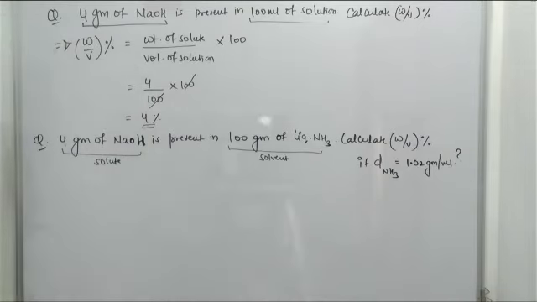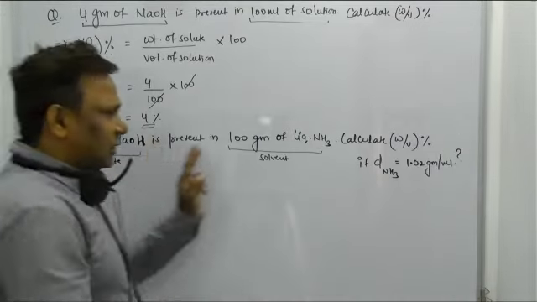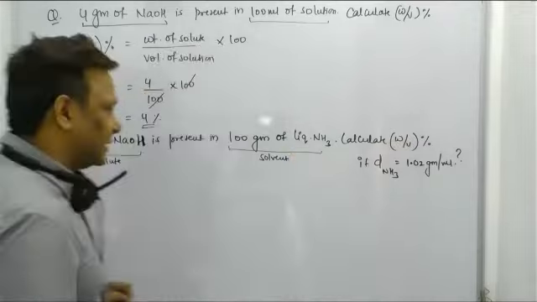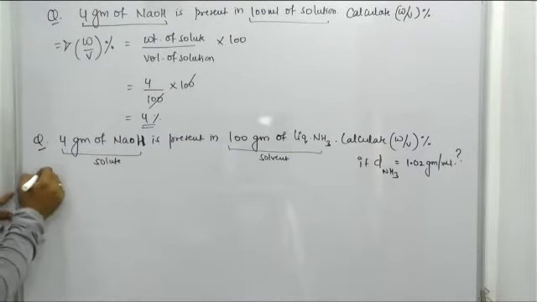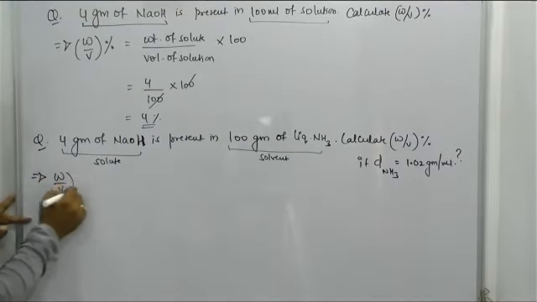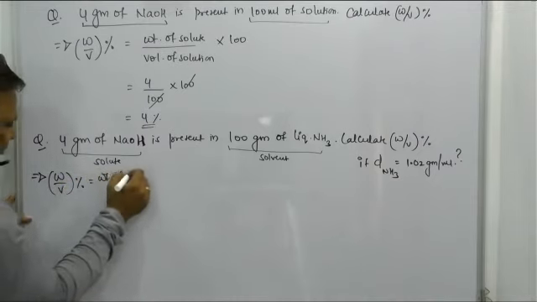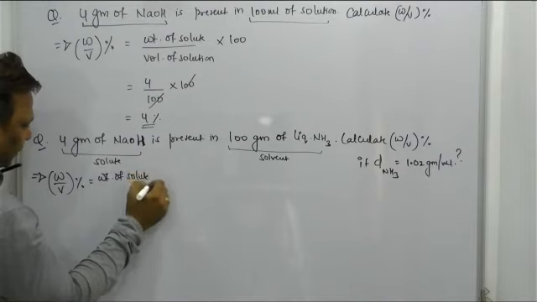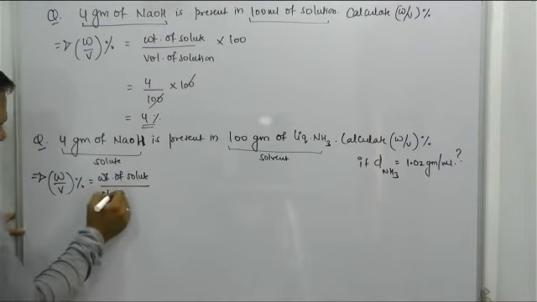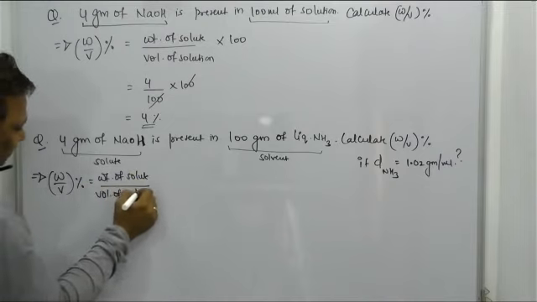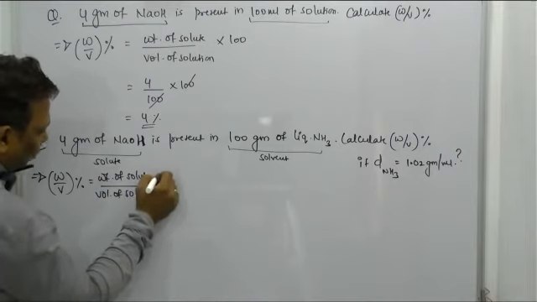Try to understand here. Because solute is dissolved in solvent, W by V they are asking. Actually, our formula is this one. W by V percentage must be equal to W, the weight of solute, and V, the volume of solution, into 100.